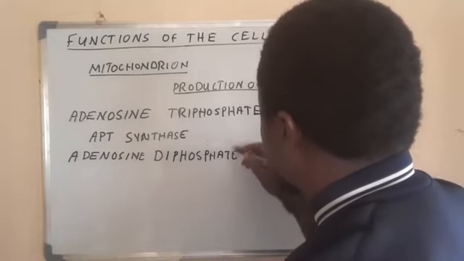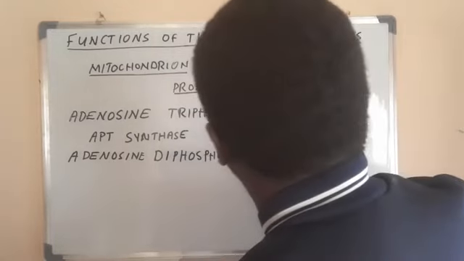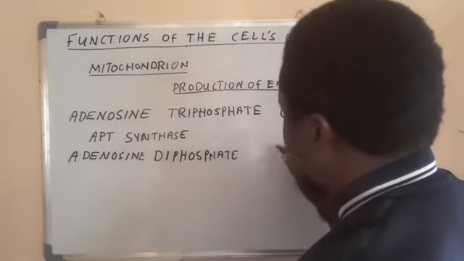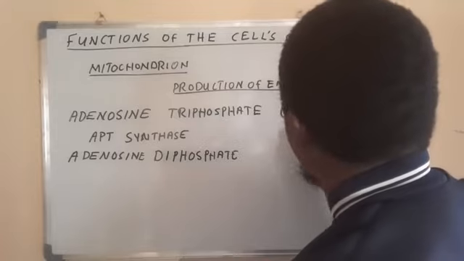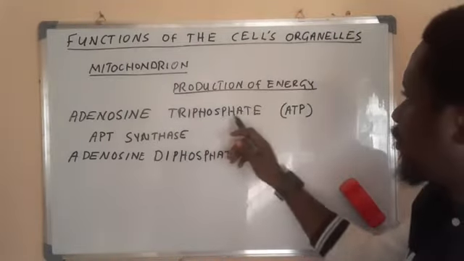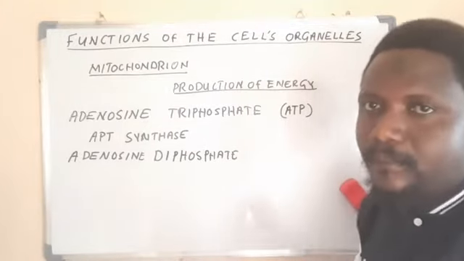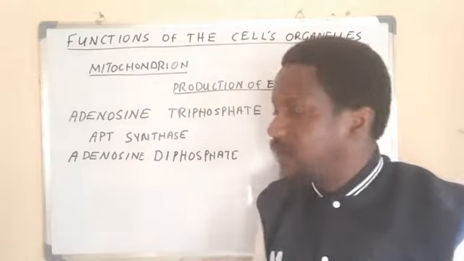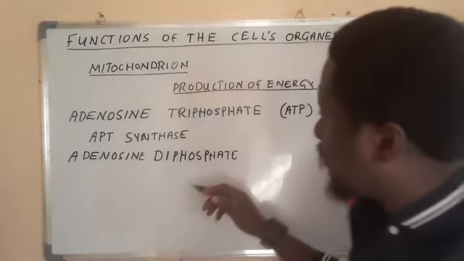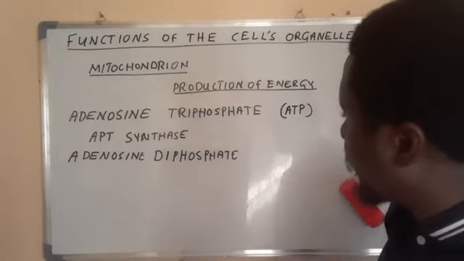What these names tell you is that adenosine triphosphate is a molecule which contains 3 phosphate units. That is why we say adenosine triphosphate. It has 3 phosphate units, and this one has 2 phosphate units.